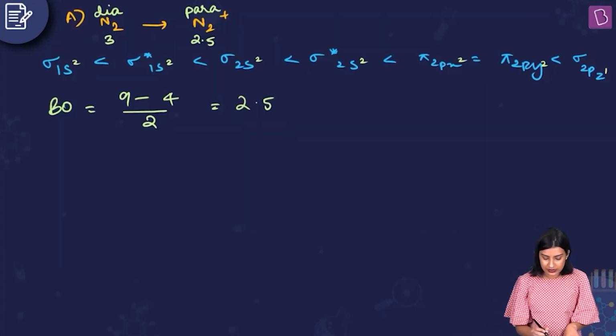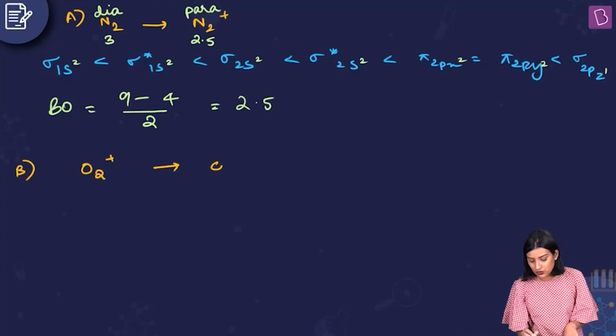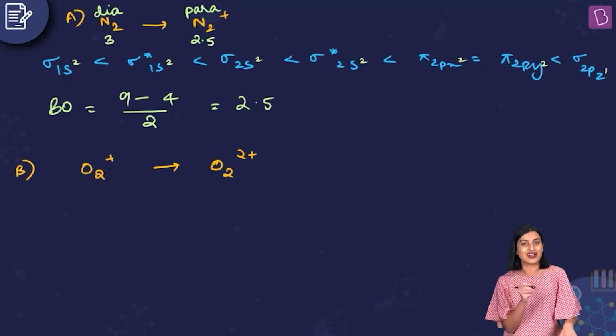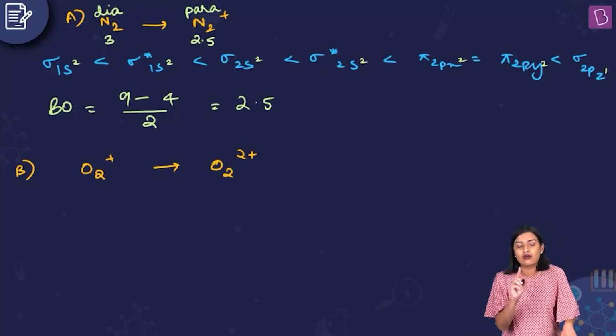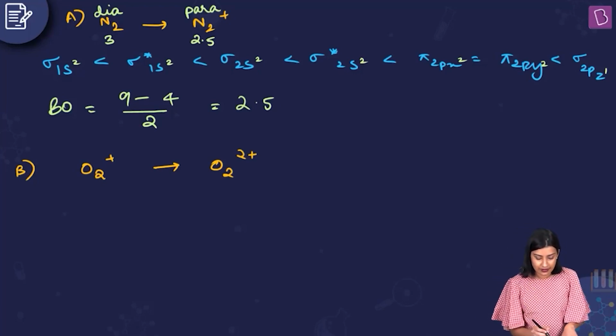So this is B. And here you are starting with oxygen. Oxygen has atomic number 8. So 8 2s are 16 minus 1. You have 15 electrons to begin with. And after the change, you have 14 electrons, right? So still we have to deal with the electronic configuration for more than 14 electrons.